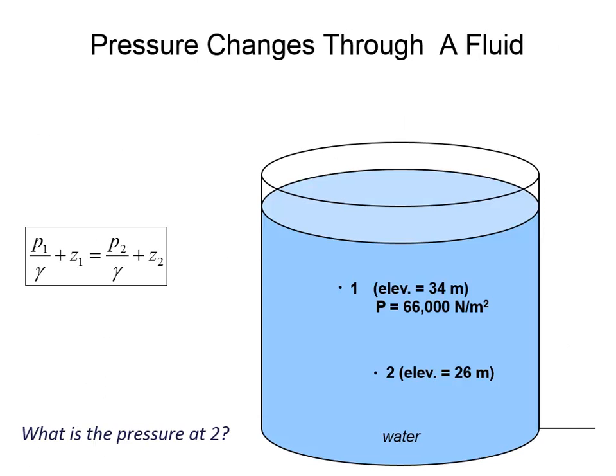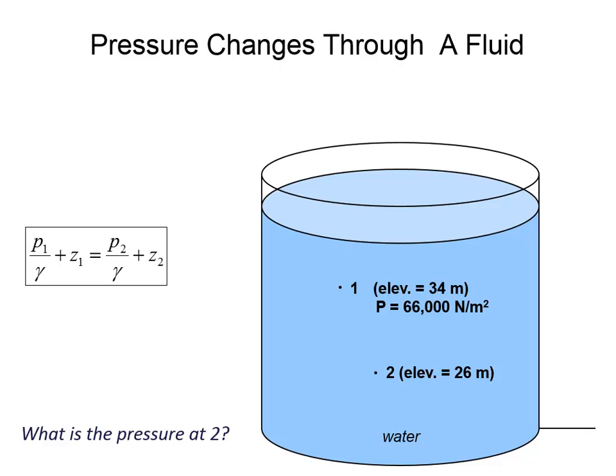So let's go back to this one we just worked. What is the delta H in this problem? Between 26 and 34, I'm going to work this the other way now. So delta H is 34 meters minus 26 meters. So that distance is going to be 8 meters.